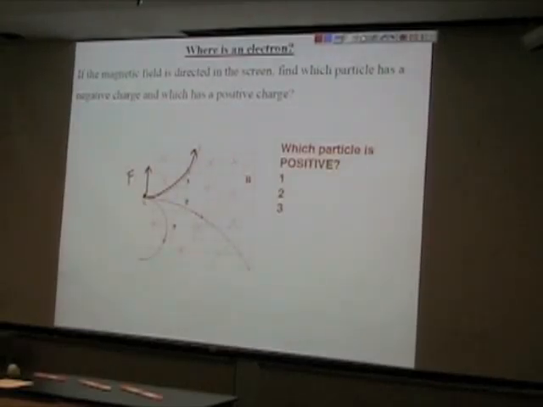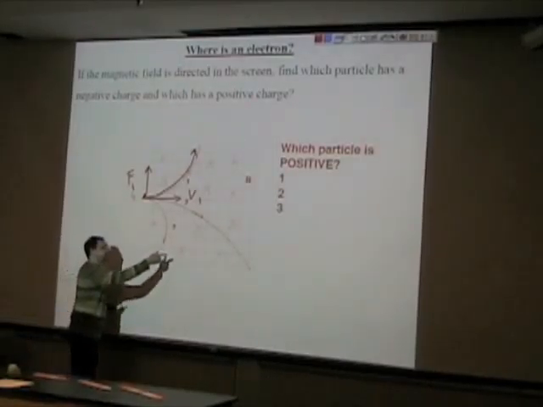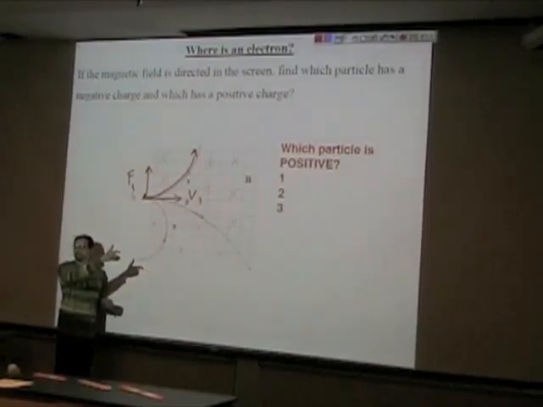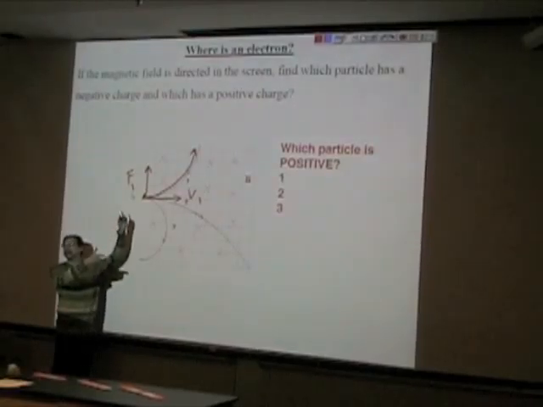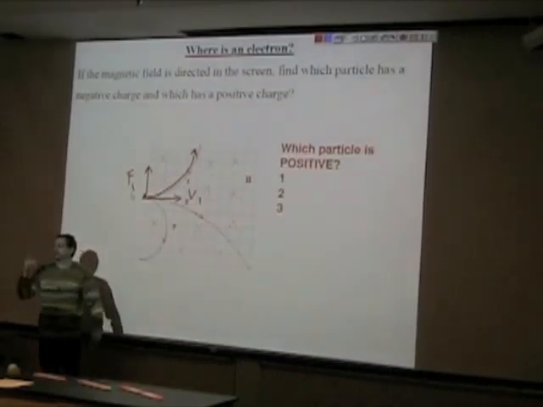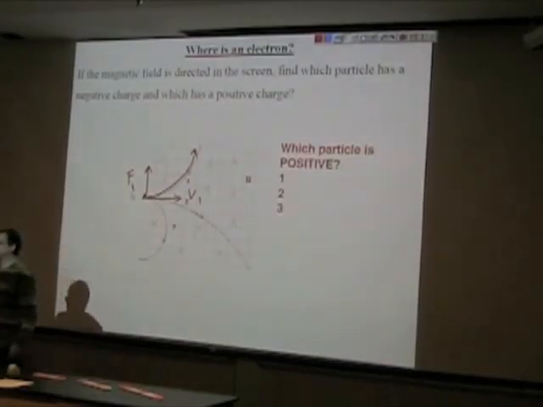And here, at the point where the particle is entering the field, the velocity of this particle, V1, F1, points to the right. And only now, after we have drawn these arrows, we can figure out the rest. So the magnetic field points into the screen. The velocity points to the right. The thumb is supposed to show the direction of the force, and the force also points up, so the thumb points up. So the right-hand rule works for particle number one.